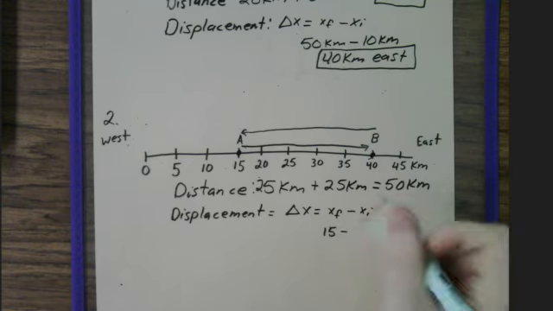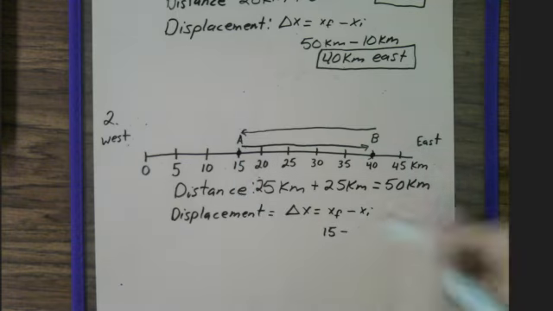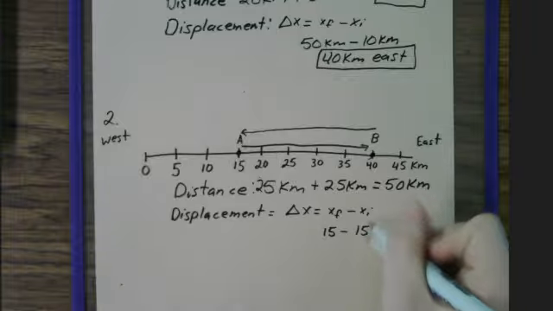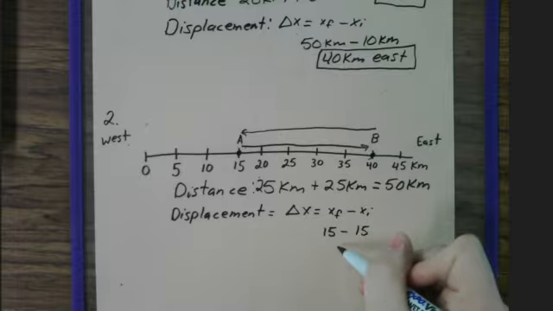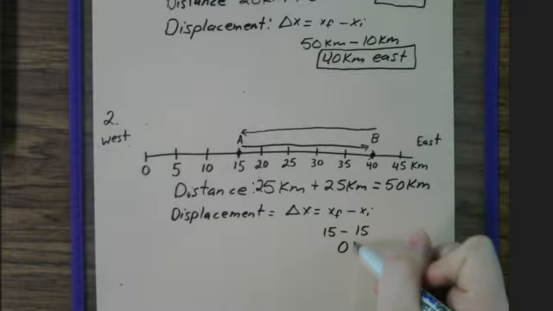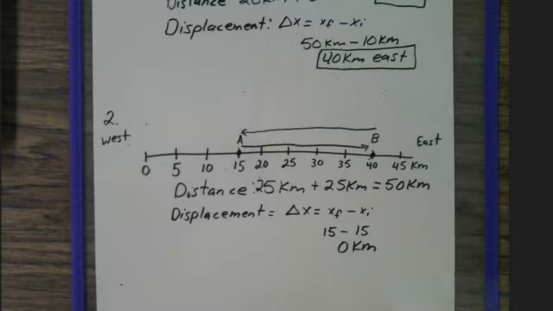Our starting position is also here at 15. So our position is 15 minus 15. Our displacement is 0 kilometers. Here is our displacement. Let's continue on.